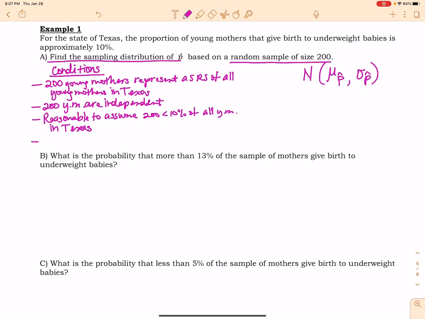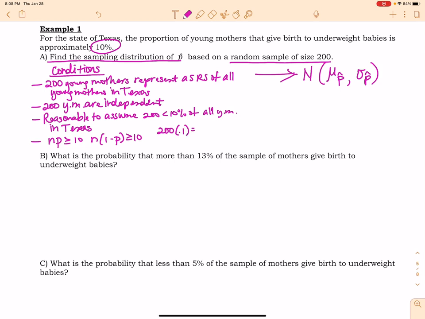And then the last thing, we need to know if this is actually a sample that's large enough so that we can use the normal curve, or so that we can approximate normal. So I am going to check it out with my np rules. Remember, I want at least 10 of one category and 10 of another. So the n here is 200, and the p is given to me at approximately 10%.